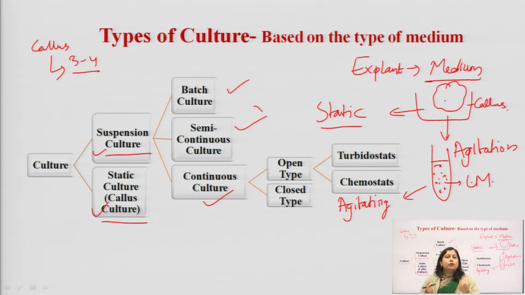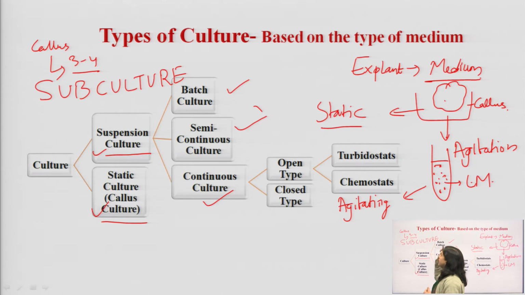Okay. So, to avoid that, the other thing which is very much important in plant tissue culture is subculturing. You have to do the subculturing, and for subculturing one of the best techniques is, rather than going for callus culture, we should go for suspension culture.